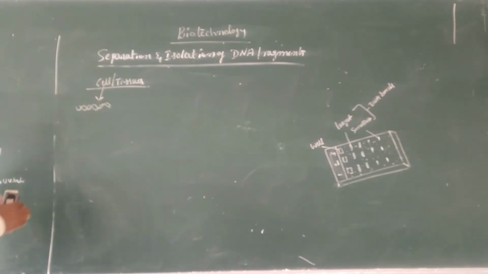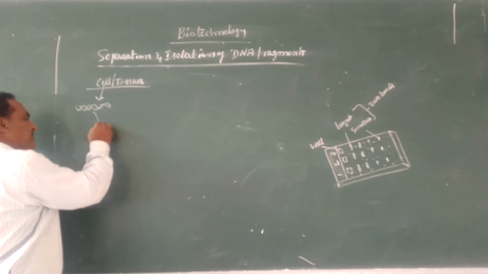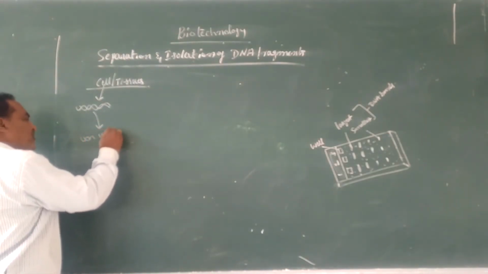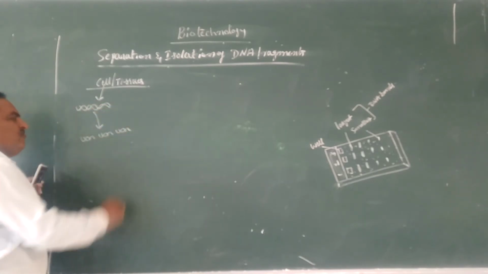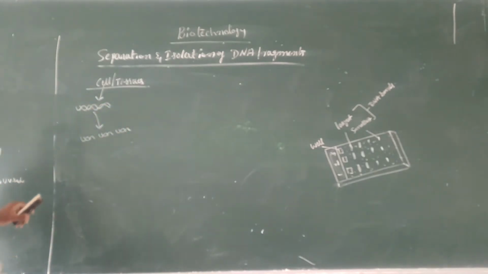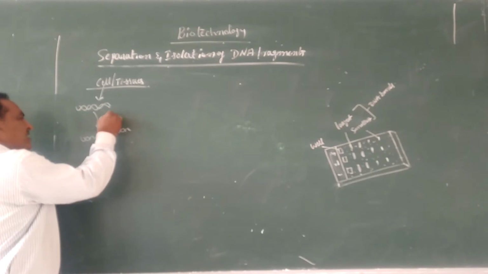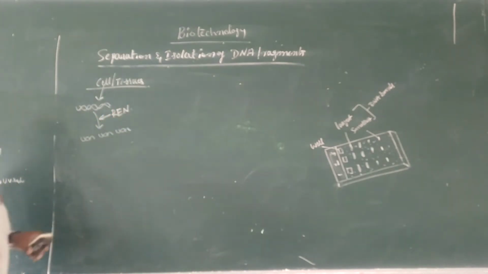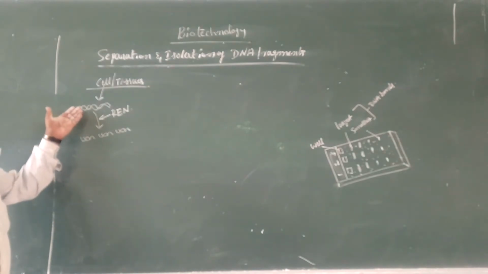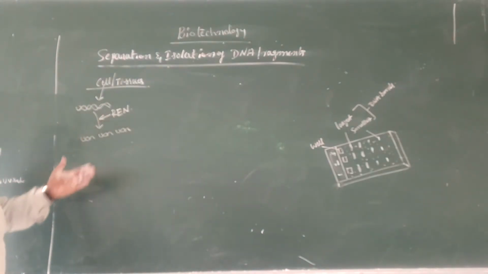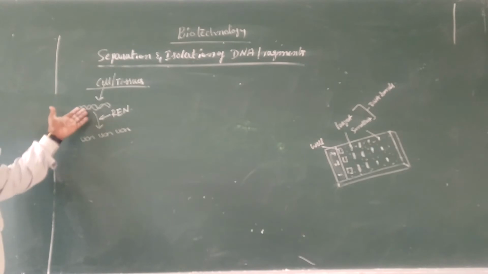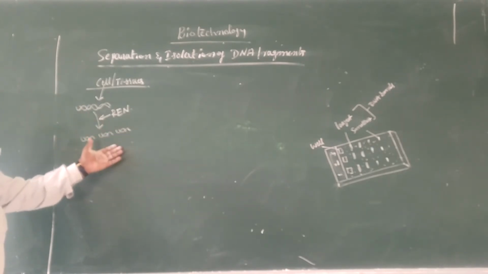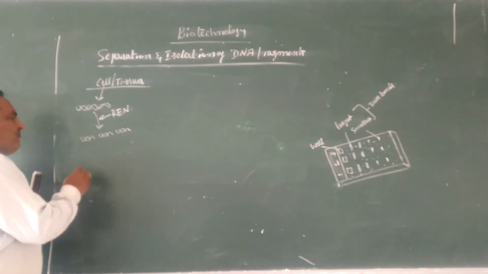After the separation of DNA, the DNA is cut to produce a number of fragments, with the help of REN, restriction endonuclease. Restriction endonuclease cuts the DNA into a number of fragments.